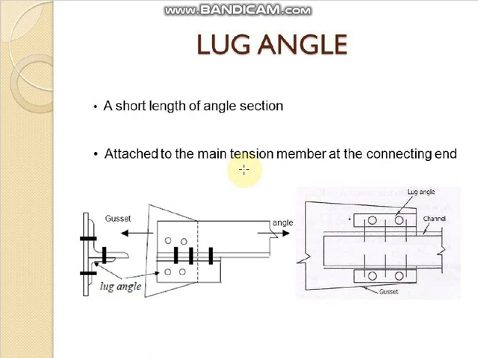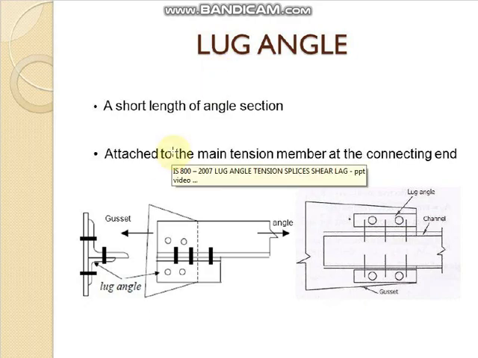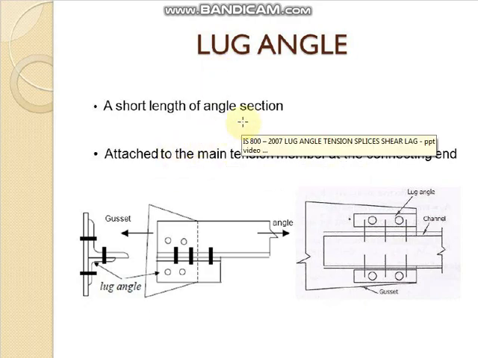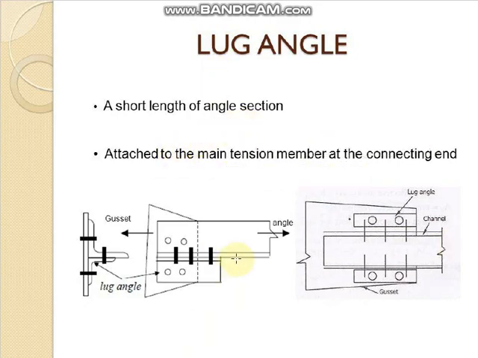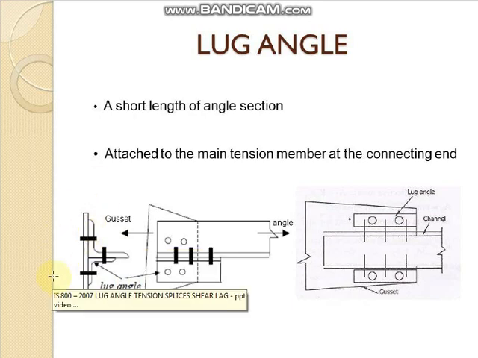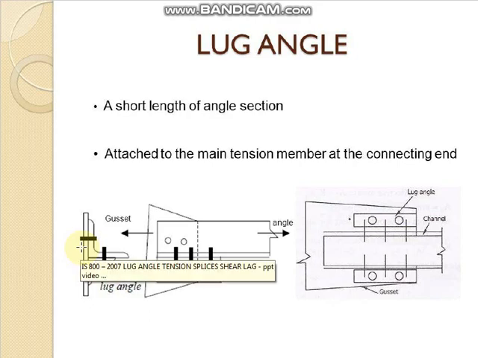First one is lug angle. It is a short length of angle section and it is attached to the main tension member at the connecting end. Here in this figure you can see the lug angle. Actually, to make the connection at joints, a certain length of the tension member and that of the gusset plate is utilized.